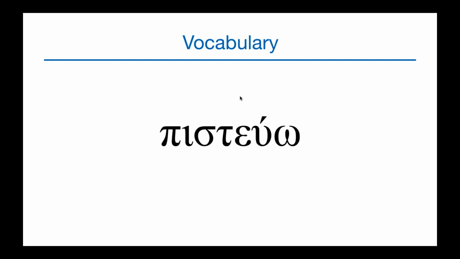We're going to start running into a lot of these as we start learning words. So we learned that pistis means faith. Pistos means faithful. Well, now we have pisteuo, which is I believe or I have faith in. So you can see how all those are related to one another.